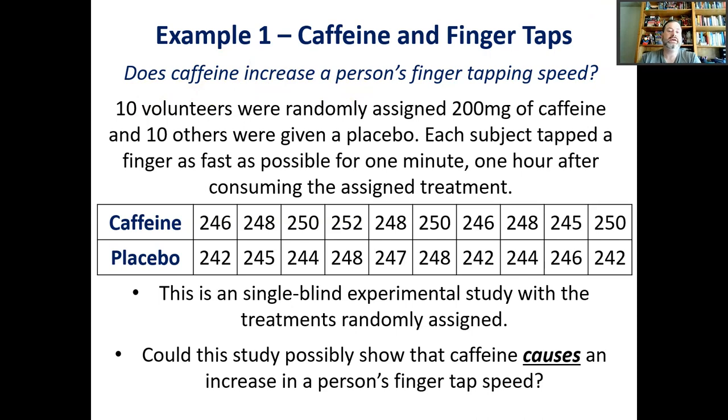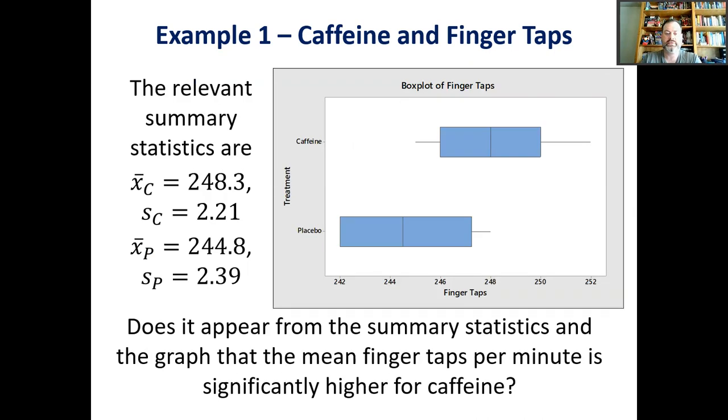Well, this is a randomly assigned experimental study. It's a randomized comparative experiment, as opposed to a matched pair. So yes, if the evidence is strong, if the data are conclusive, it will show a cause and effect relationship. So let's see how this works.